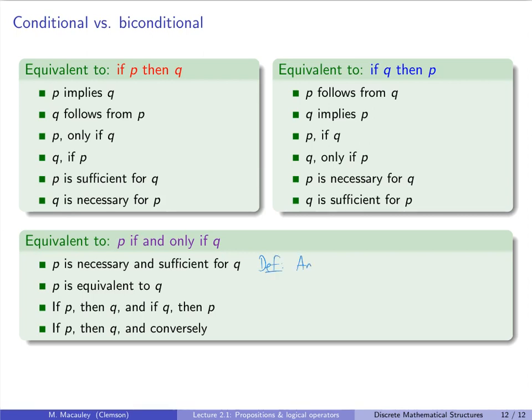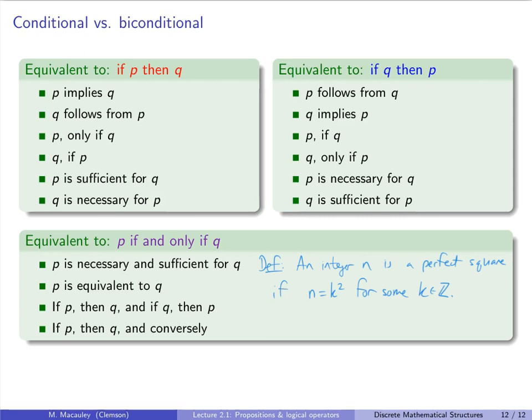An integer n is a perfect square if n equals k squared for some integer k. All right? So you read this and you know exactly what it means.